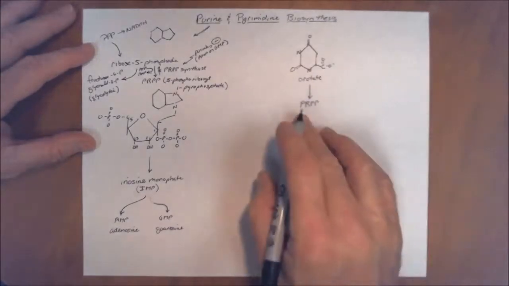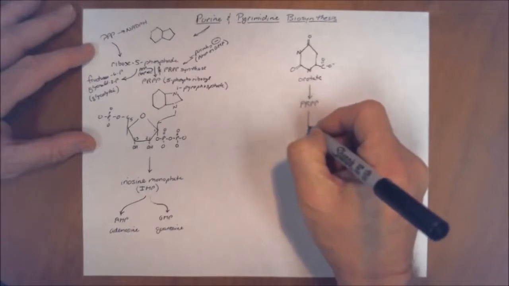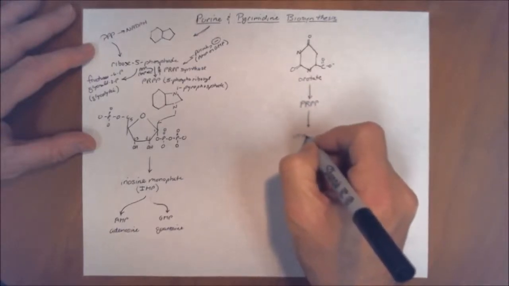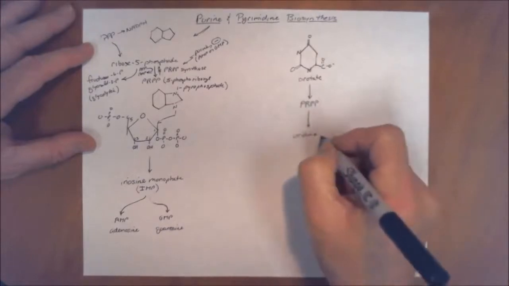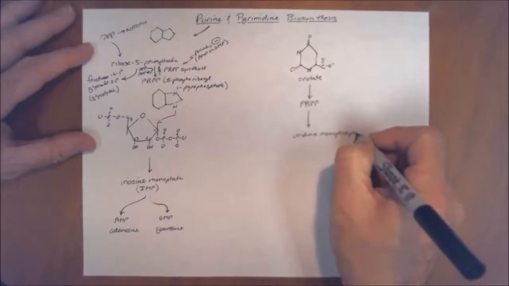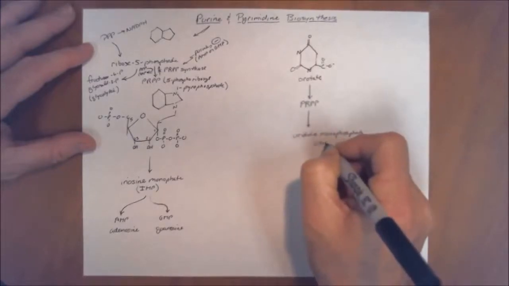With additional processing of this structure, we now have uridine monophosphate, or UMP.